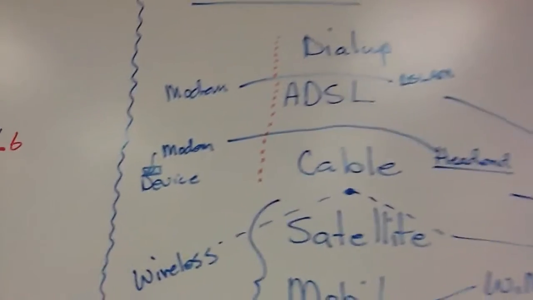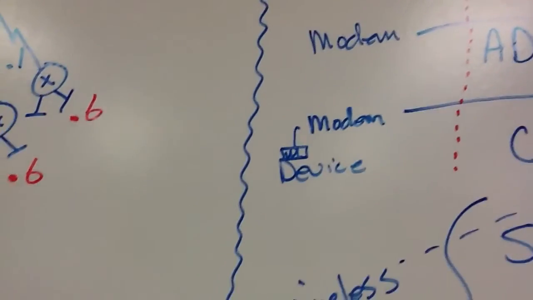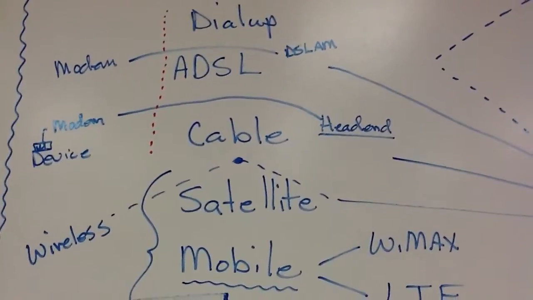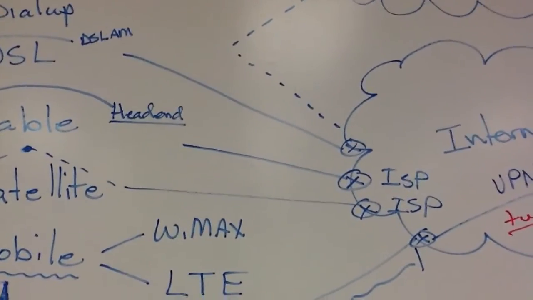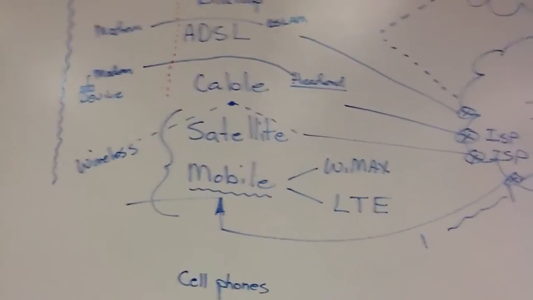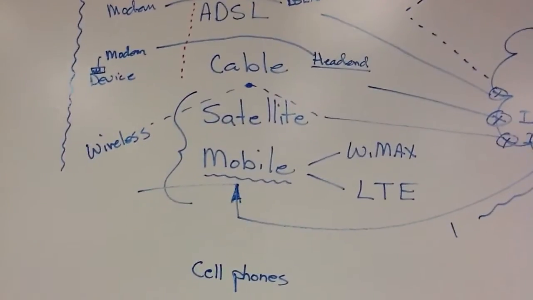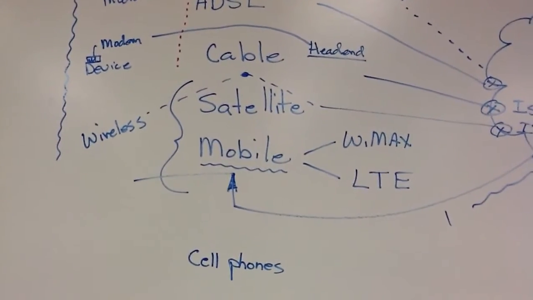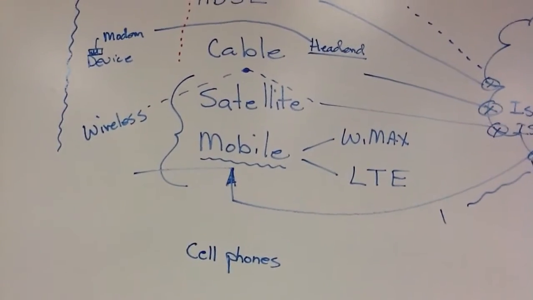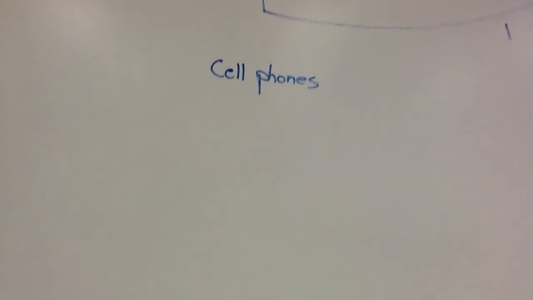Okay, so we use cable modem. You can have a cable modem on your end, have your device going through some routing device through their head end, and they would connect in then through their ISP. You can go satellite, up in the air to the satellite and back down and connect in, or we have now mobile connections, so 3G, 4G, whether they're using WiMAX or LTE, and then we just listed that cell phone technology is different from this here.